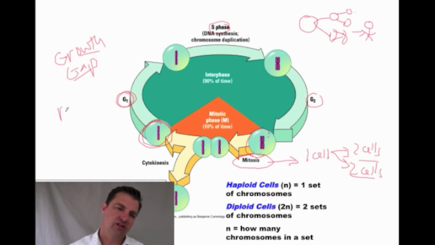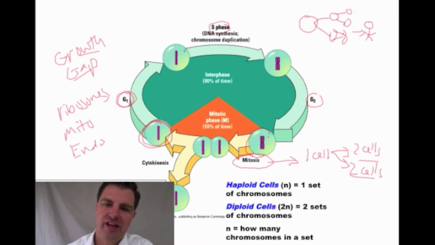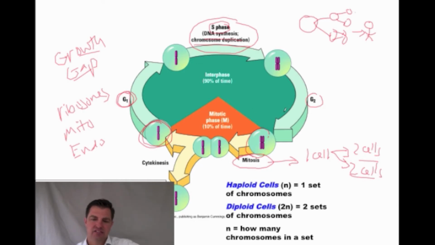Your organelles like your ribosomes, your mitochondria, your endoplasmic reticulum, and all the organelles get copied during G1, and that continues through S phase and in through G2. During S phase, in addition to those processes continuing on, DNA synthesis occurs. So that's where we copy the DNA. S phase is where the DNA gets copied.